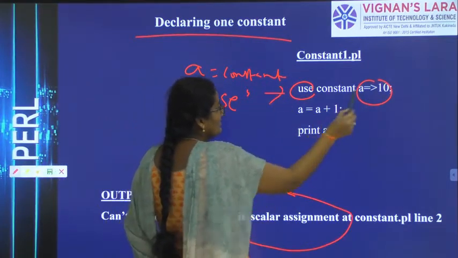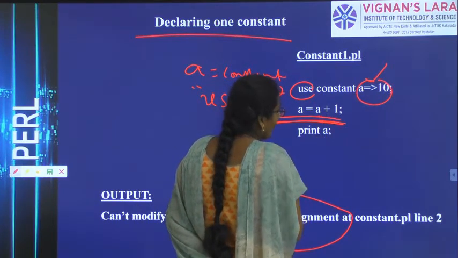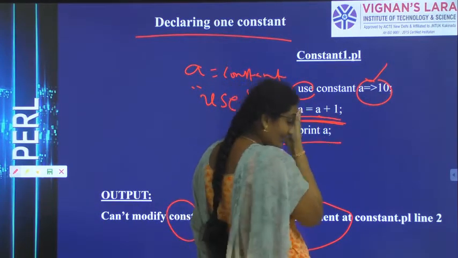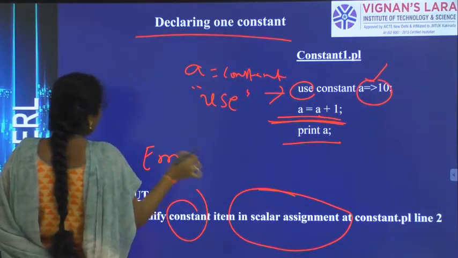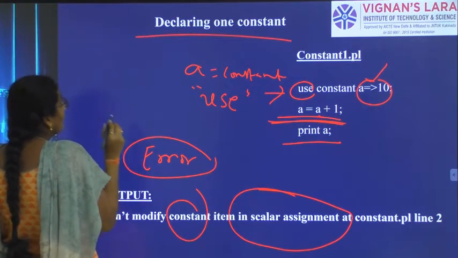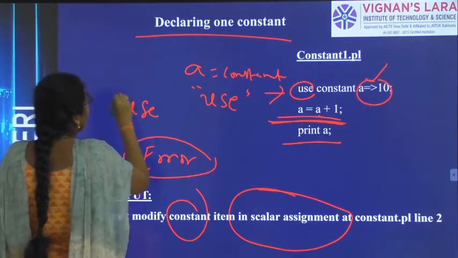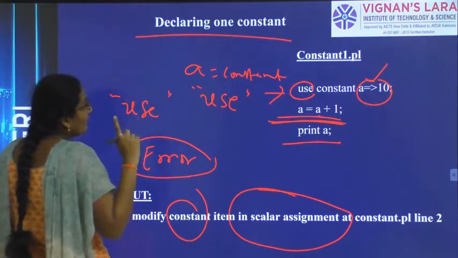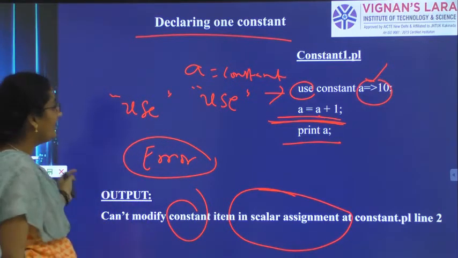Here the constant a is declared. Again we cannot make modifications on a. We can just print, that's it. Otherwise, we will get an error, because to declare a constant you should use the directive use. Once a constant is declared, we cannot reuse, remodify or redefine it.